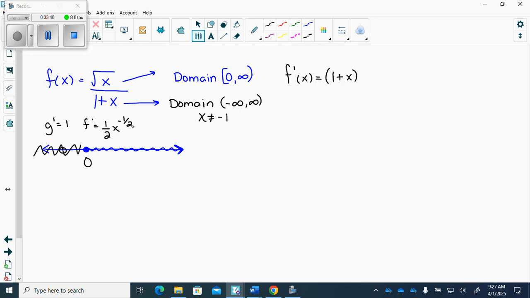So we're going to be doing that chain rule kind of thing. So we're going to get g f prime minus f g prime. And then what you can't forget is g squared.